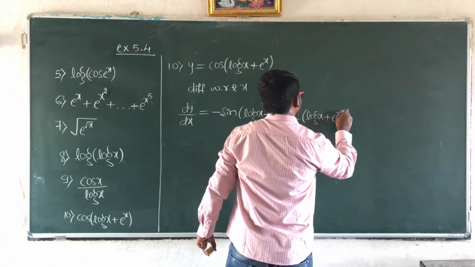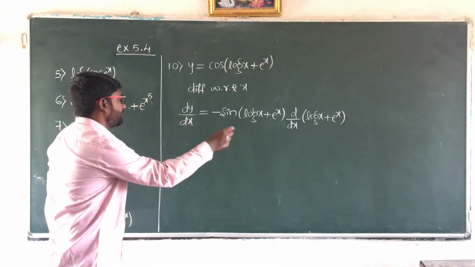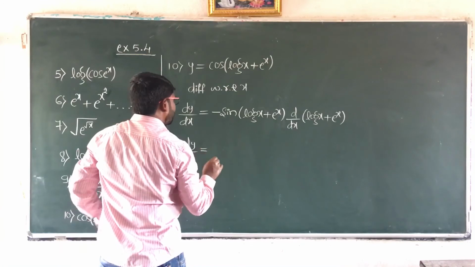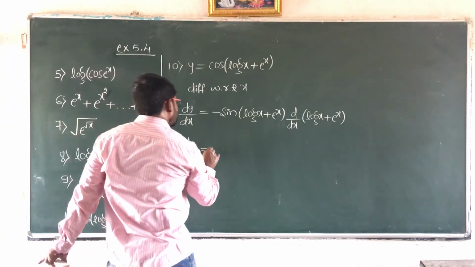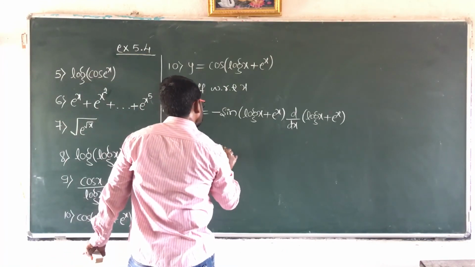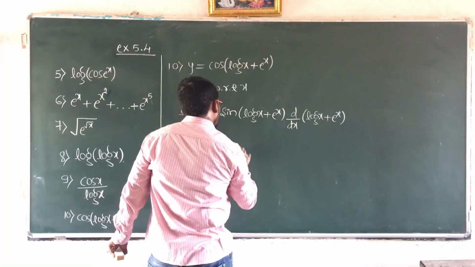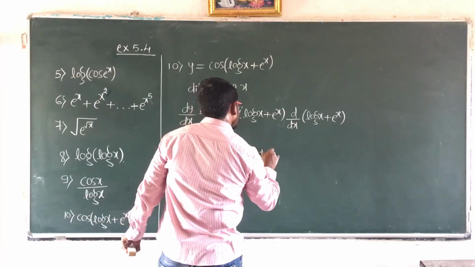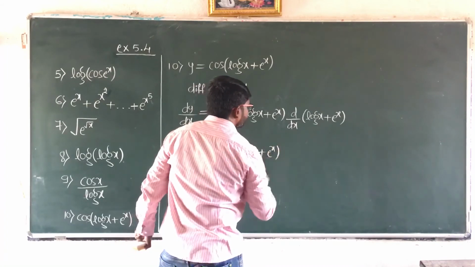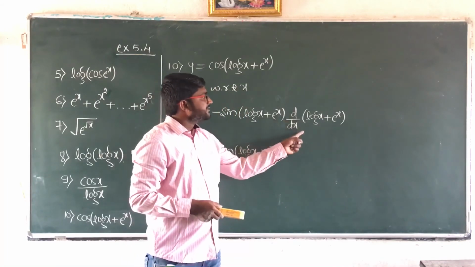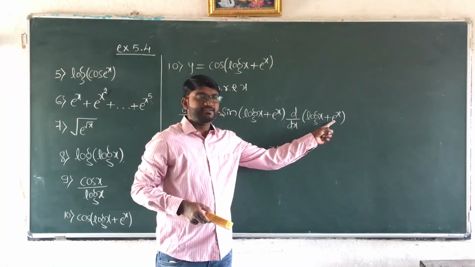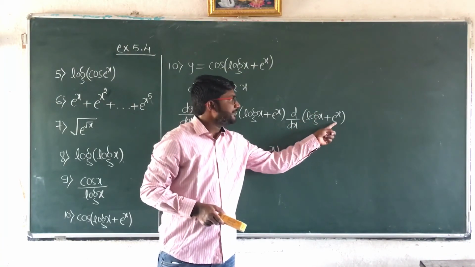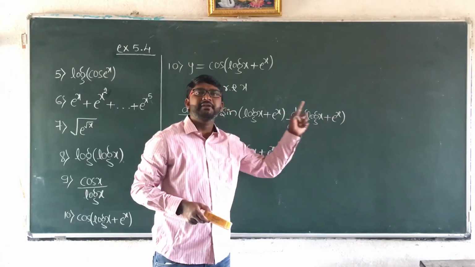So now dy by dx is equal to, I write this as it is now, minus sin of log x plus e power x. Now d by dx of log x plus e power x. What is the derivative of log x? It is 1 by x plus, what is the derivative of e raised to x? It is e raised to x itself.